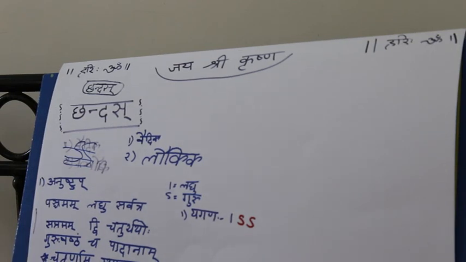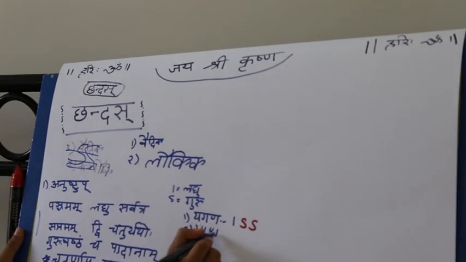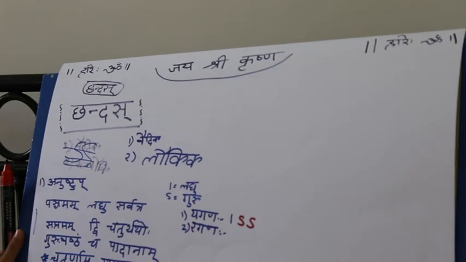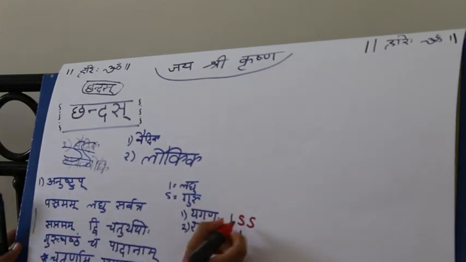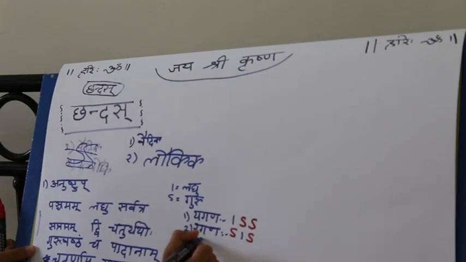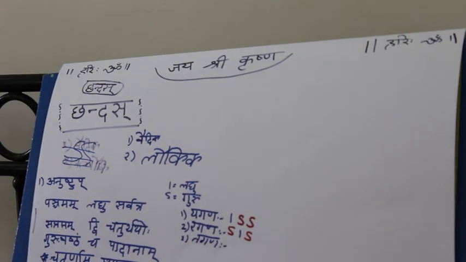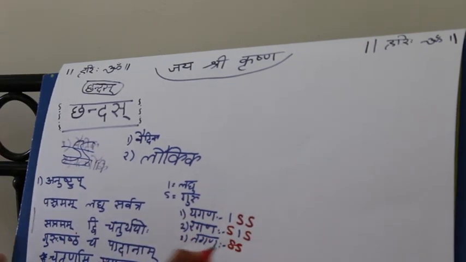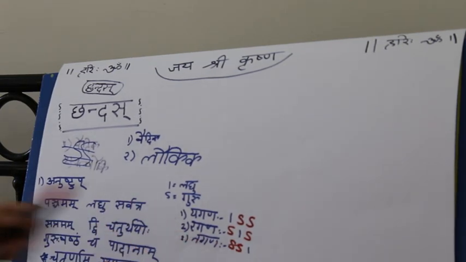Then comes Ragana, in which I comes in the middle and S comes around it. Now comes Tagana, in which I comes at the end and S comes at the beginning. Now comes Bha, Ja and Sa ganas.